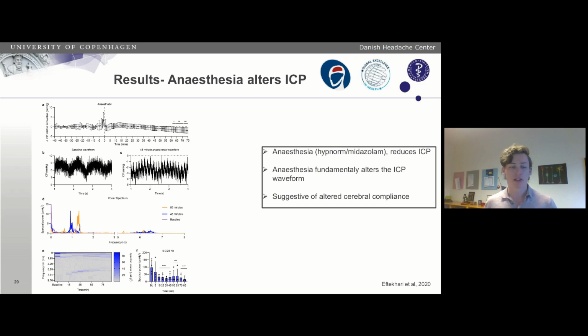But this work suggests that that could be unphysiological, which you can also see in E with this temporal spectrogram, where you have these waveforms associated with the cardiac waveform between 8 and 5 hertz, increasing in spectral power over the course of the anesthesia.